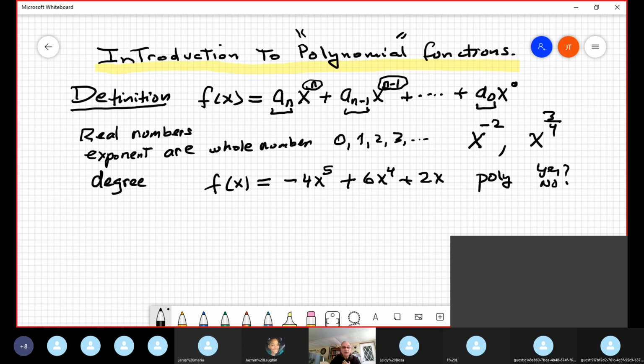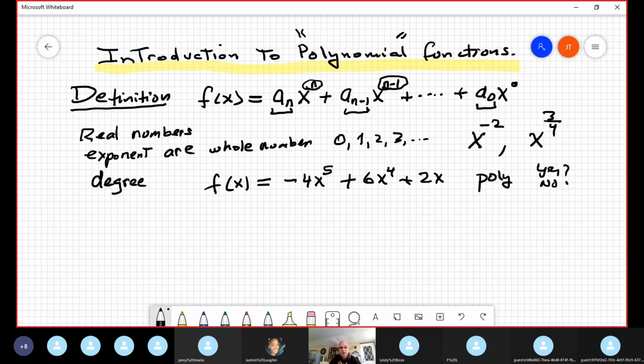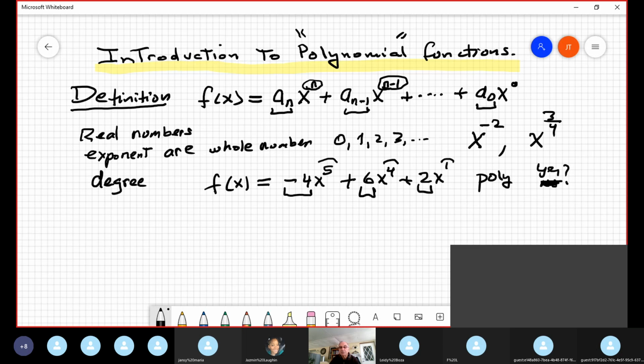What is the definition for the polynomial? Don't get confused. The coefficients in general are real numbers, positive or negative, or fraction, or irrational, crazy, but the exponent, whole number. 5, 4, and 1, invisible. So, is this a polynomial or not? Yes or no? It's obvious that yes.